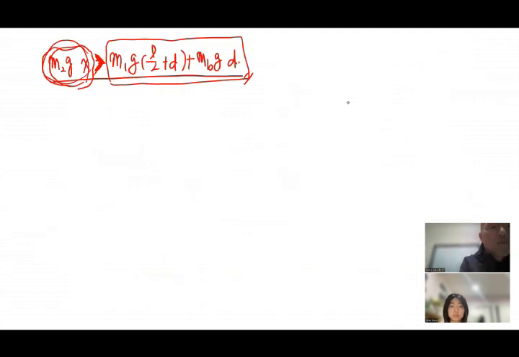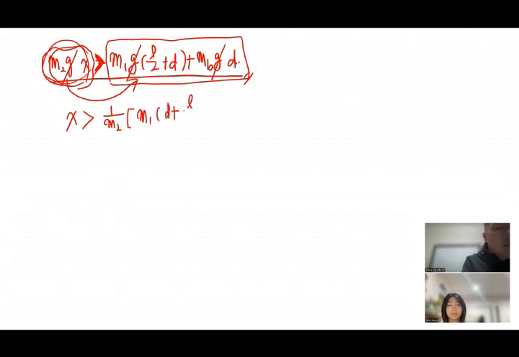If you divide both sides of this equation by g, then you can move M2 to the left-hand side, and X should be 1 over M2 multiplied by M1 times (D plus L over 2) plus M_B D. Now you plug the numbers in.